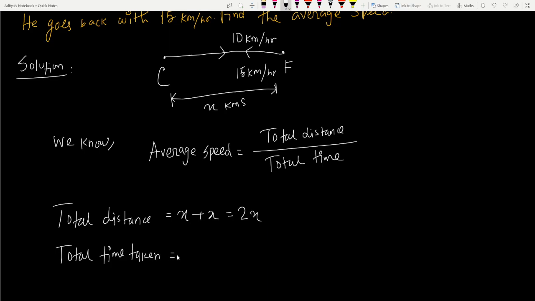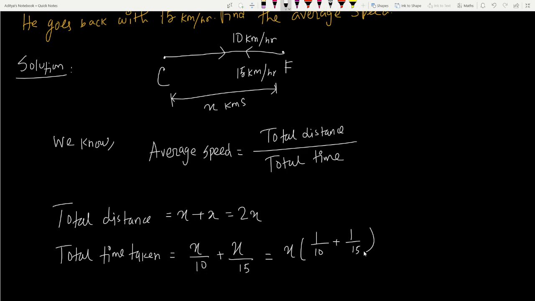The total time taken for the first journey, the time is distance by speed, which is x by 10, and for the second part of the journey the time taken was x by 15, and this would give us x multiplied by 1 by 10 plus 1 by 15.